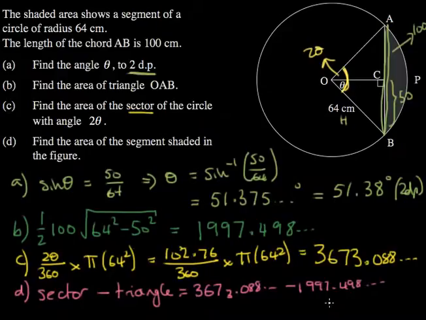And then by doing that on the calculator, I found this segment area to be 1675.59. I'll do it to 2 decimal places. And the units here would be centimeters squared.